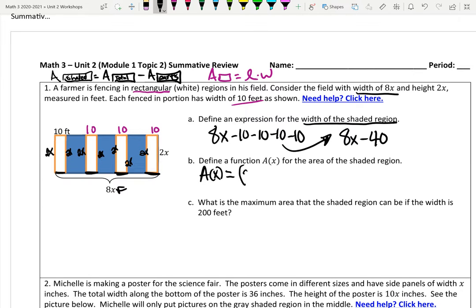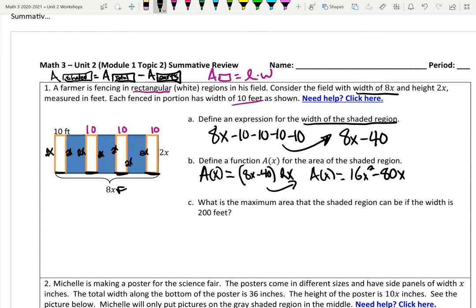It is not going to be 8x. It is going to be 8x minus 40 times the height, 2x. And this is going to give me the area of the shaded region. Okay, I can go ahead and clean this up. A of x is going to be equal to 16x squared minus 80x.